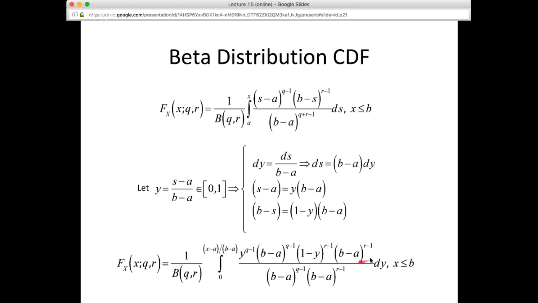And when we do that, we end up with an extra b minus a here, which we can take into the denominator. In fact, we can separate this quantity in the denominator into b minus a to the q minus 1 times b minus a raised to the r, but then we end up with an extra b minus a to the minus 1, and so that's incorporated here as that minus 1.